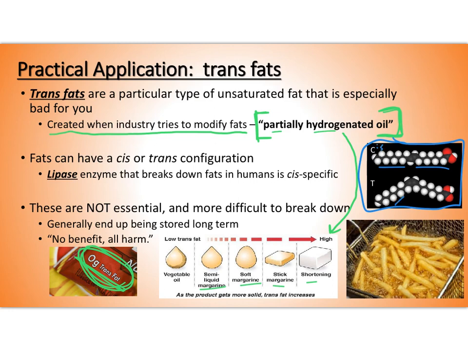And if it has sort of this bent configuration, we call it a trans lipid. Now, the enzyme that you have that breaks down lipids is called lipase, and lipase is cis-specific, meaning the only thing that lipase can actually break down are these cis fats.